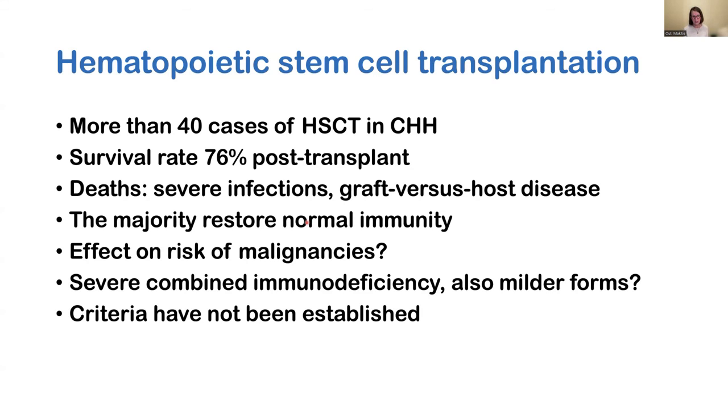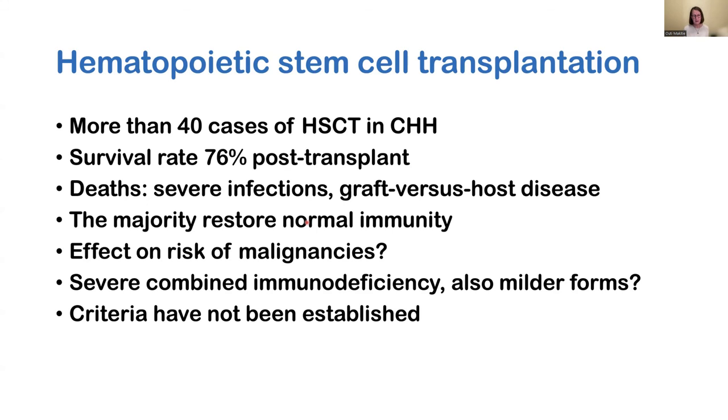But of course, it takes a long time to really show whether this has an effect on risk of malignancies in these patients. So maybe this is a treatment option for patients with cartilage-hair hypoplasia and severe combined immune deficiency, but maybe also in milder forms.